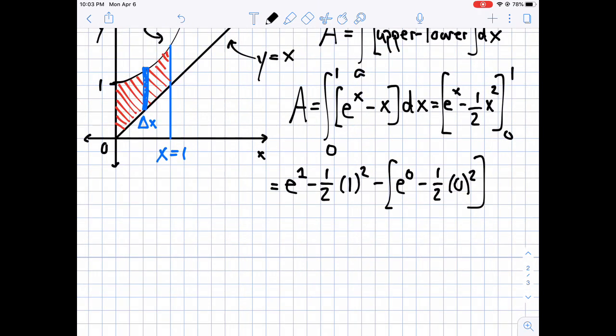So really, this is going to work out fairly nicely. We just have e minus 1/2, and then we have e to the 0, that's going to be equal to 1, so we end up getting minus 1 here. And this term is just 0. So really, we end up with e minus 3 divided by 2. And this is going to be the area between these two curves. And that is what we get.